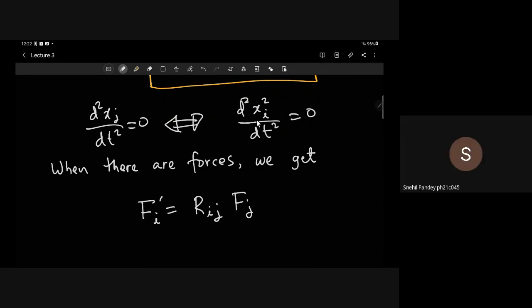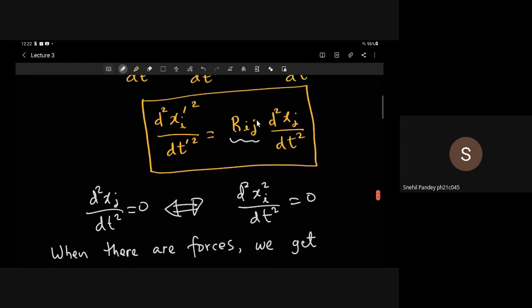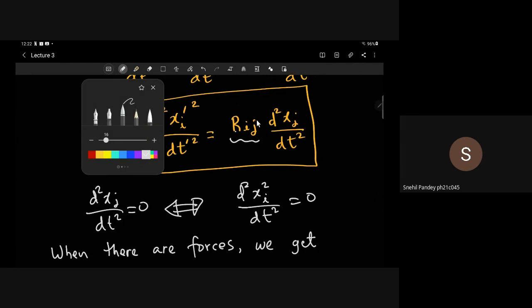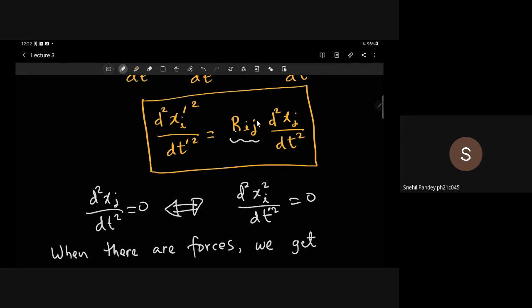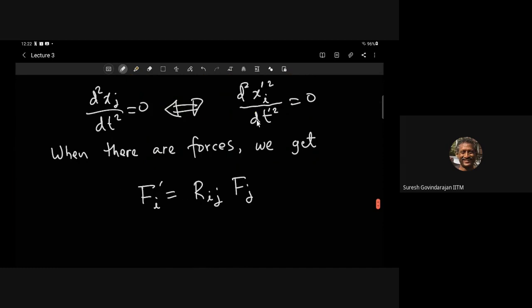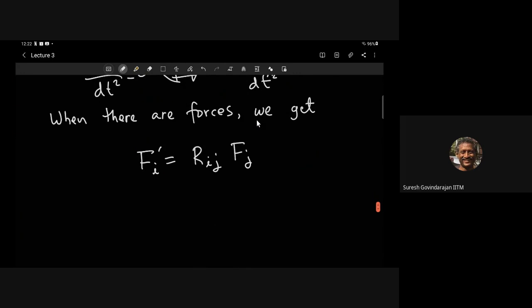In the d square xj implication equation, one of them should be primed, right? d square xj prime. Yes, thank you, sir. Any more mistakes? Okay, very good. So when there are forces, it's not like it says that the force, this is just a statement. We understand this is just that force.